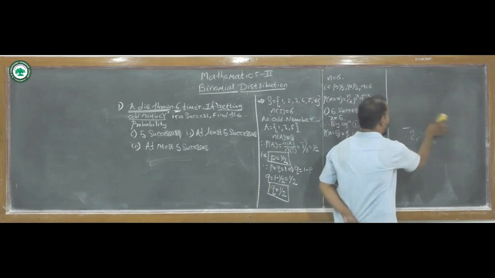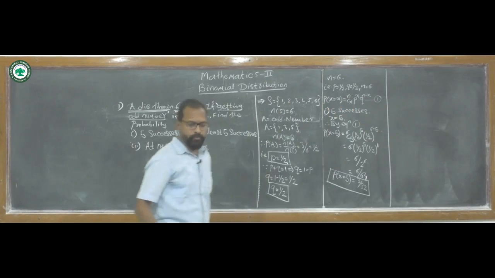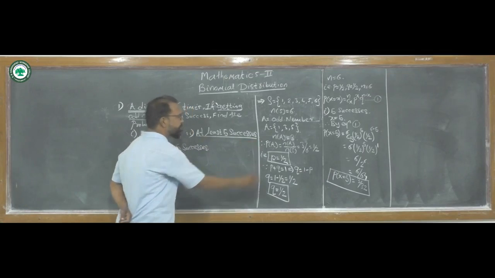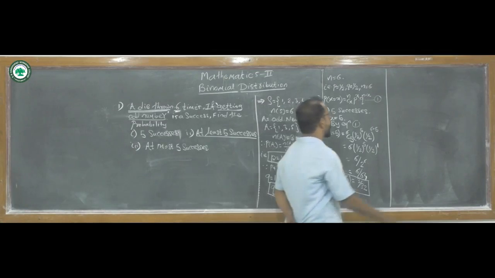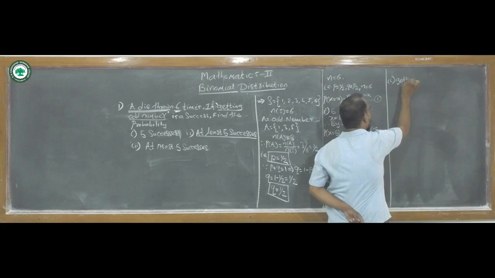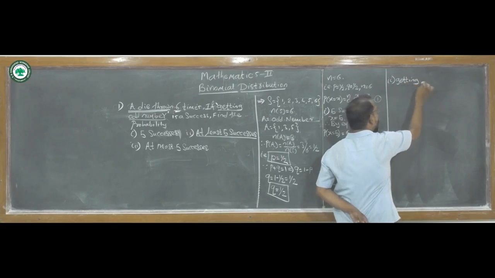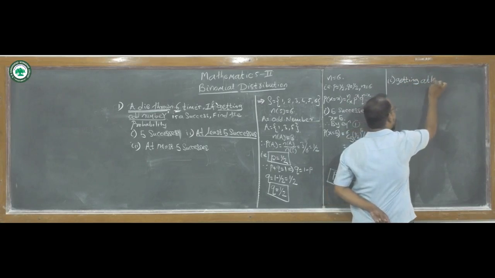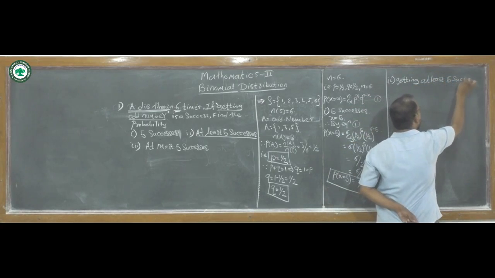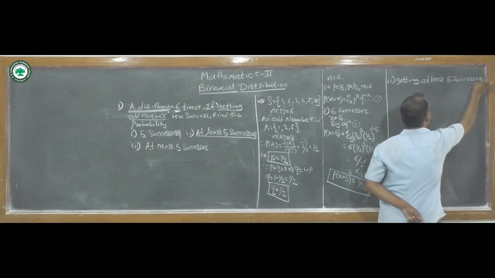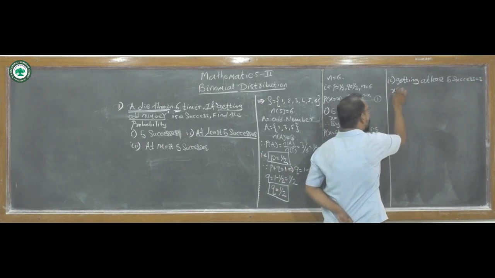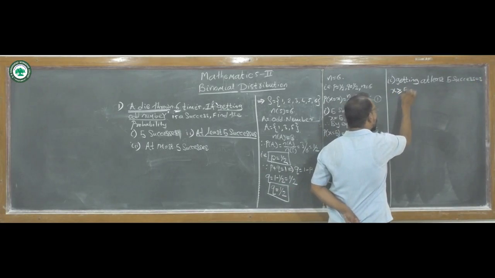Now the second sub question. In the second sub question, we have to find getting at least 5 successes. That is, x must be greater than or equal to 5.